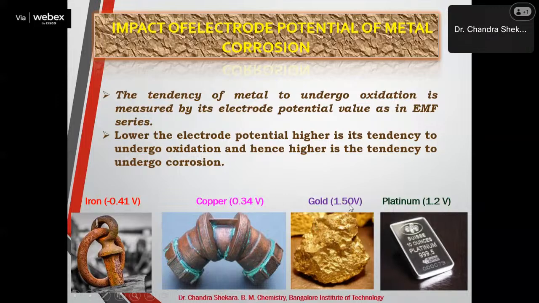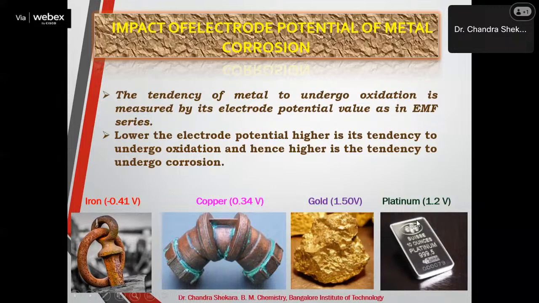And you must have observed gold and platinum metal, they never undergo any corrosion. Whatever the shining nature of the gold, we always observe that shining nature without the surface of the gold metal undergoing any corrosion or oxidation.